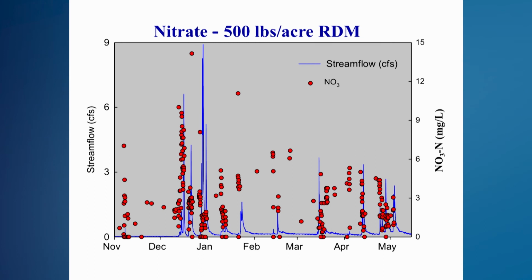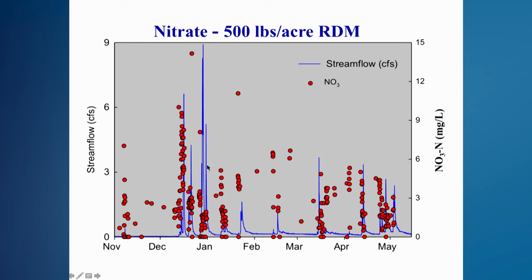This is a diagram here showing all the data points we collected for the 500 pounds per acre residual dry matter. Nitrate is shown on the right-hand graph here and is represented by the red dots, where the stream flow is shown on the left axis here in cubic feet per second, with the blue bars here representing how much water was flowing out of the river at any particular time.